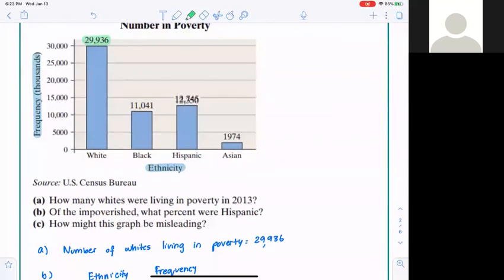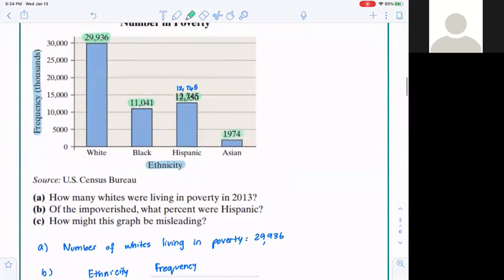That's 29,936 for whites, 11,041 for blacks, 12,745 for Hispanics, that is the correct number there, and 1974 for Asians.